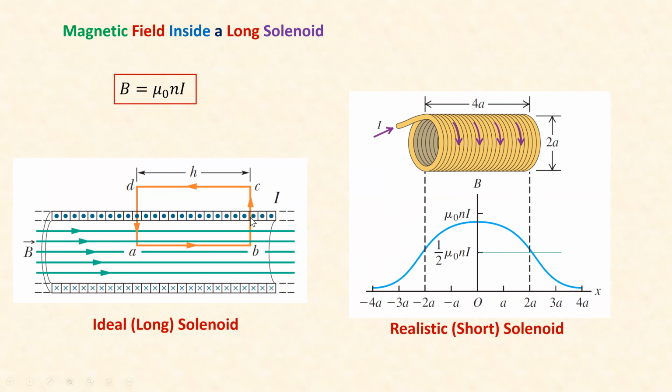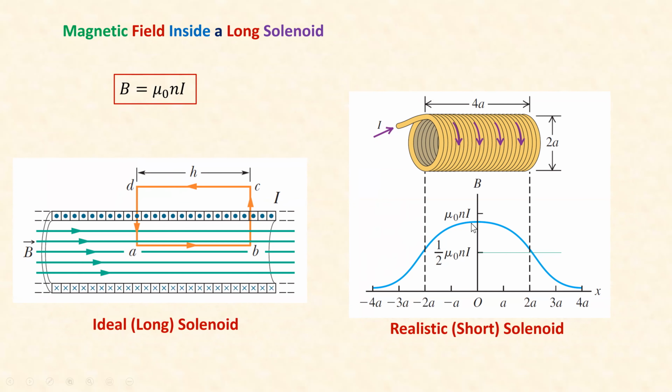And if you apply Ampere's law to this, you can find the magnetic field to be mu naught N I inside the solenoid, which is uniform, and N is the number of turns of wire per unit length of the solenoid, and each one has a current I in it. So there are lots of currents going around. And of course, ideal means that this goes to infinity on both sides, and that's of course not practical.